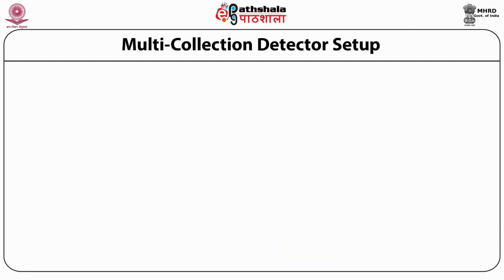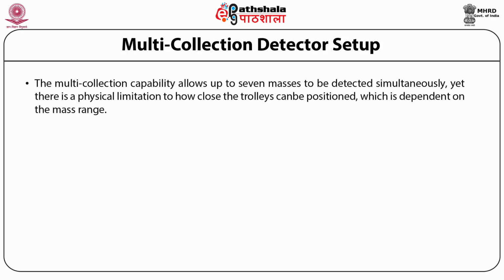Now, moving further, we will talk about multi-collection detectors. As an example, in the NanoSIMS collection detector setup, the multi-collection capability allows up to 7 masses to be detected simultaneously, yet there is a physical limitation to how close the trolleys can be positioned, which depends on the mass range.